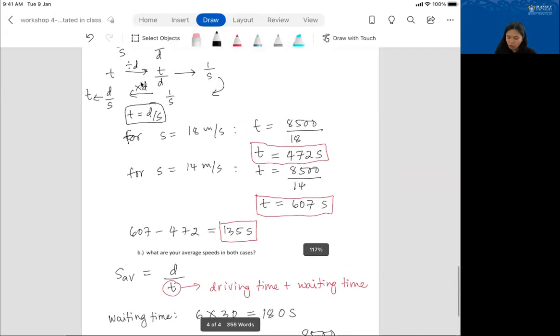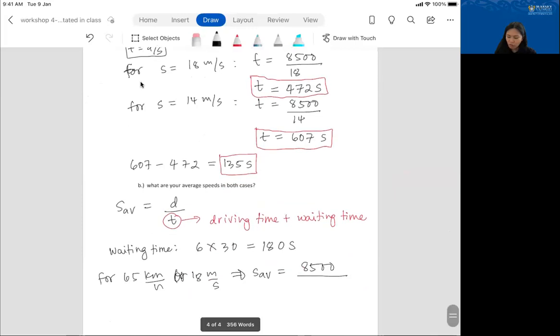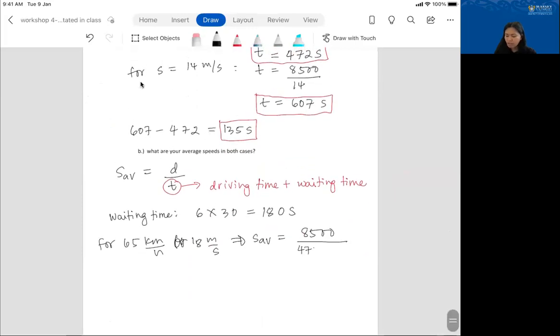We've solved that here: when you're going at 18 meters per second, your driving time is 472 seconds, plus the waiting time of 180 seconds. Remember to put brackets when you're putting it in your calculator, brackets for the total time. That will give you a speed of 13.04 meters per second, or about 13 meters per second rounded to two significant figures.